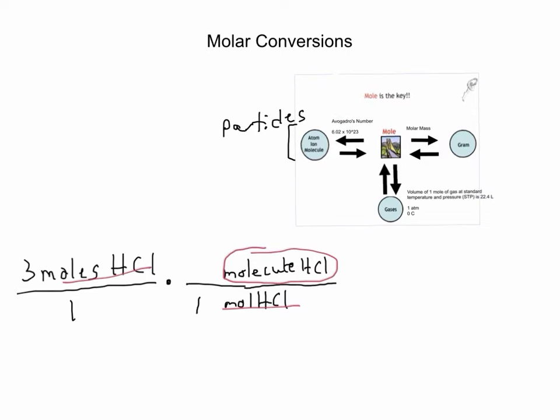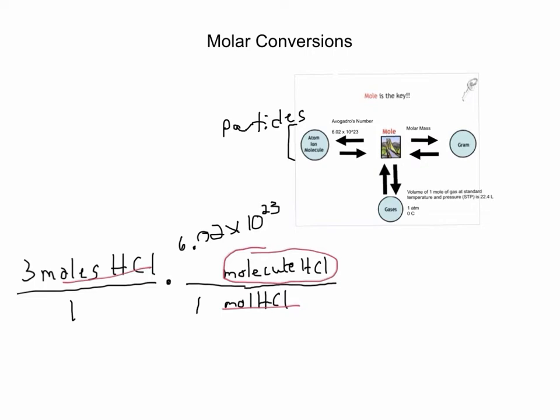So on the top fraction, I'm going to write up here, so there's room, 6.02 times 10 to the 23rd molecules in 1 mole. Notice how this number actually did not depend on the fact that we had hydrochloric acid. You use Avogadro's number no matter what you are solving for, what compound you have.